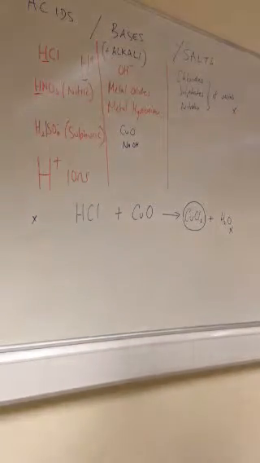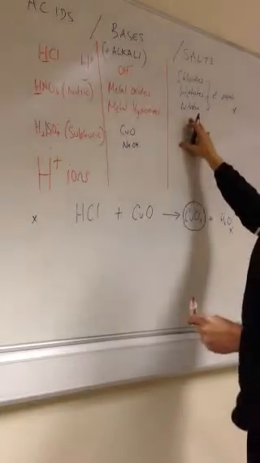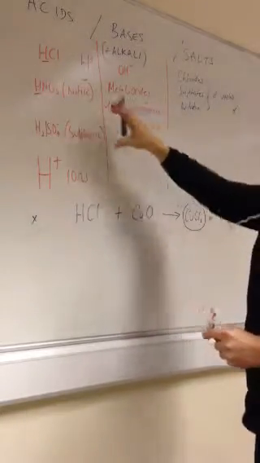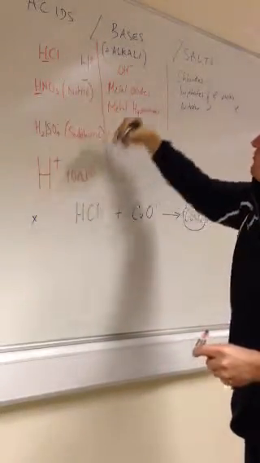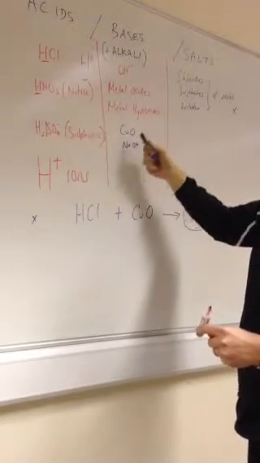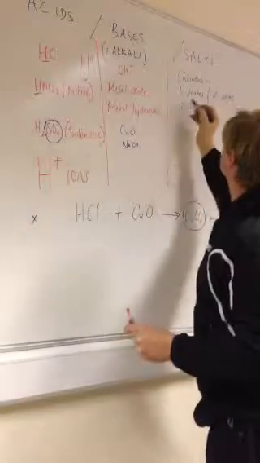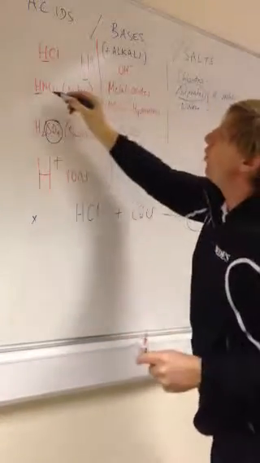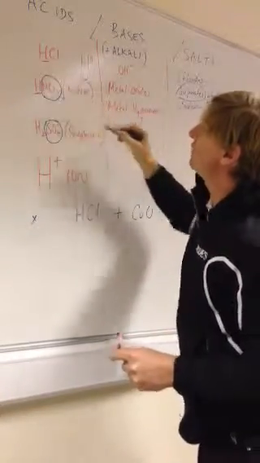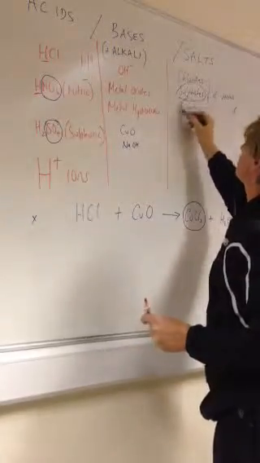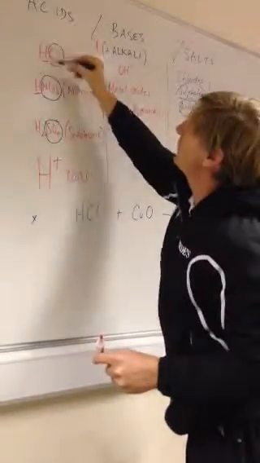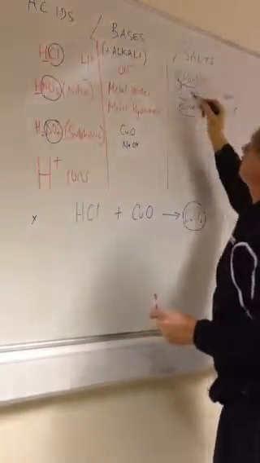And it's important to see that they will be made by an acid, like one of these, reacting with a base, and the metal taking either the SO4 to make a sulfate, or the metal taking the NO3 to make a nitrate, or the metal taking the Cl to make a chloride.